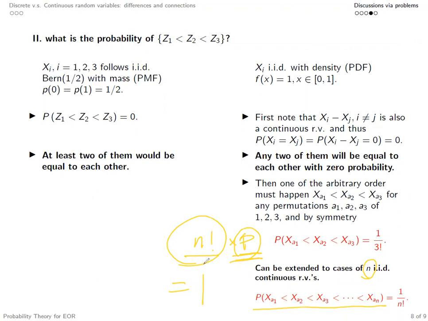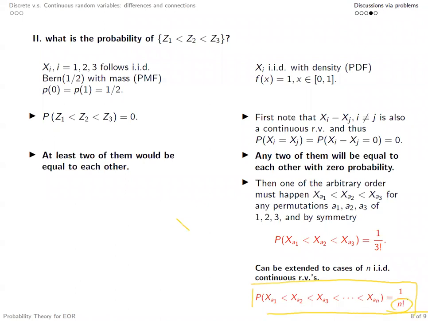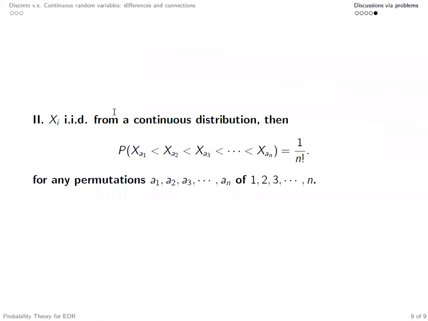We sum them all together, n factorial times p needs to be equal to 1, according to the axioms of probability. Therefore, the probability of each specific order is simply 1 divided by the total number of possible orders. So if we summarize what we learned from the second problem, if we have IID continuous random variables xi, then the probability of having a specific order by symmetry is 1 over n factorial.